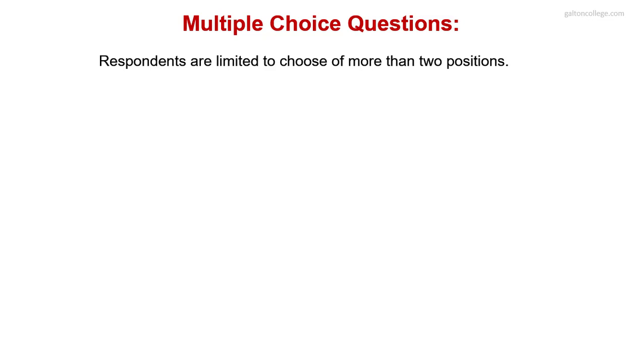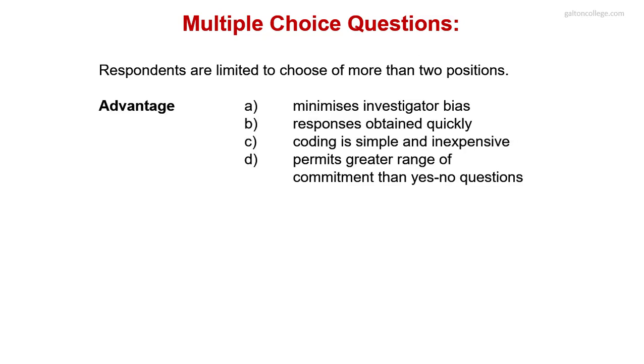Multiple choice questions, very famous amongst the student population. Respondents are limited to choose from more than 2 positions. Now the advantages, well, we set a question, let's say, and there are 4 possible answers. One of them is appropriate.